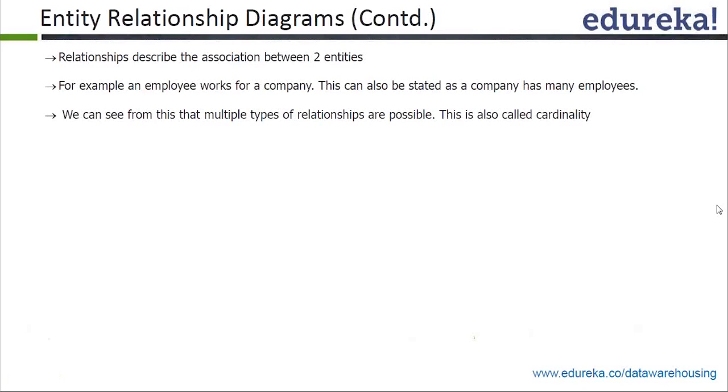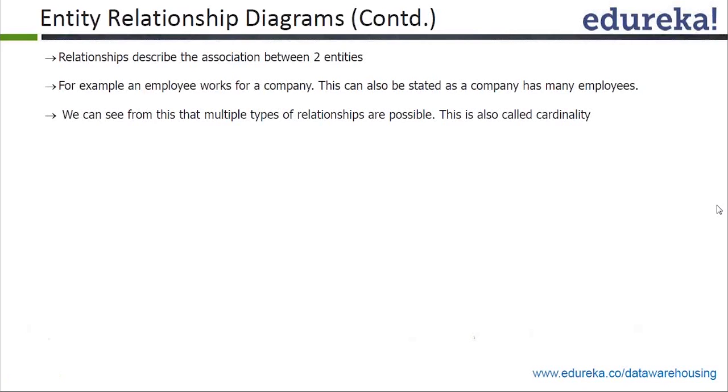The relationship can be of multiple types. It can be either one to many, many to many, or one to one. These are the different kinds of relationships two entities can have.